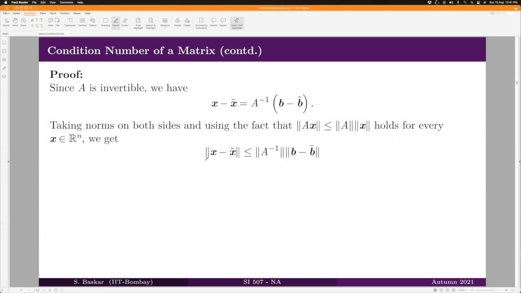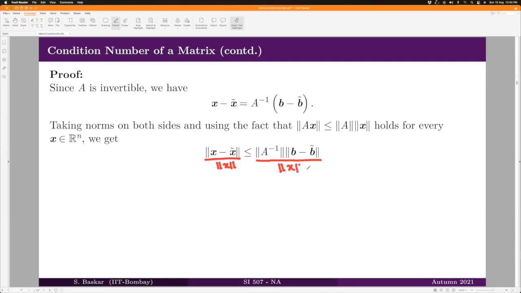So naturally what we will do is divide both sides by norm x. Of course, in all this, you have to assume that x and b are non-zero vectors. Although we are not writing it explicitly in the statement of the theorem, one should understand it by common sense, because we are dividing by them, so they should be non-zero.